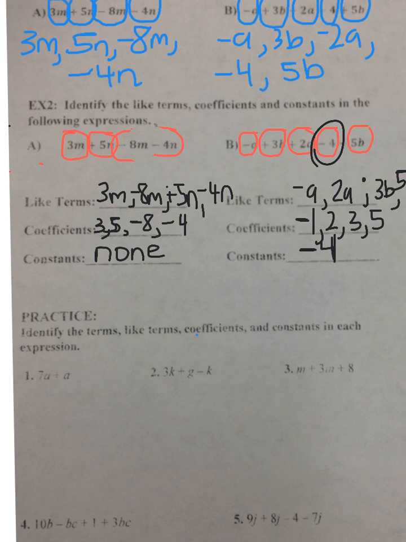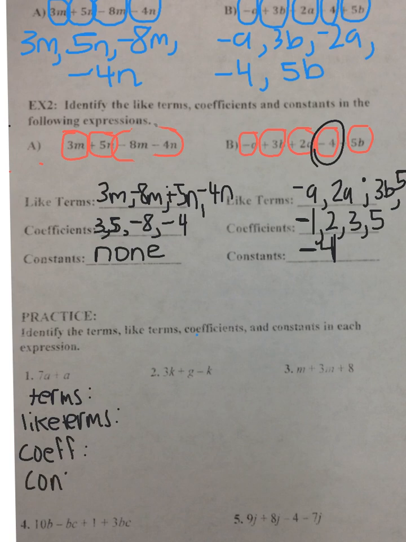To help you, just start, write terms, and then we have a spot for like terms. Then we'll have a spot for coefficients, and you'll list all of them, and then for constants. So much like we just did up above here where you had those lines.